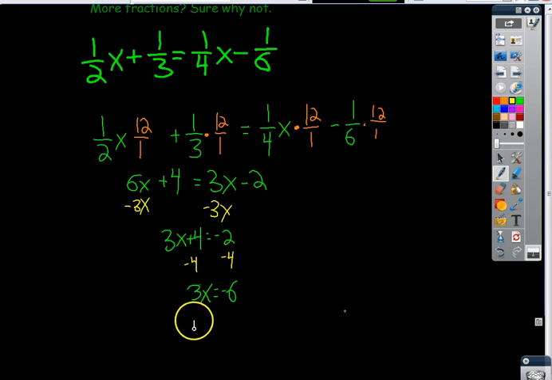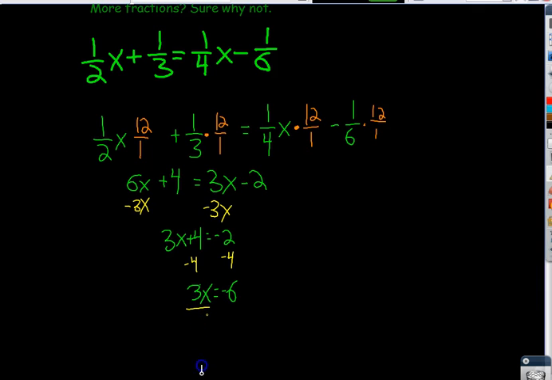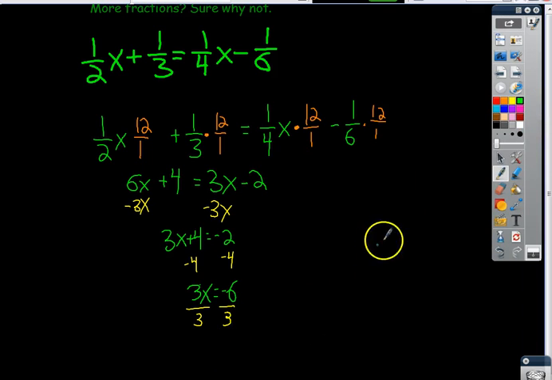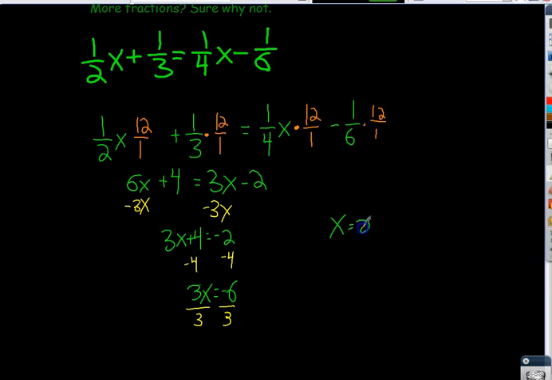Divide both sides by 3. And I get x equal to -2. Now what you could then do is you could then put -2 back into this problem for x and solve. And you would get the correct answer on both sides. Let's move on.